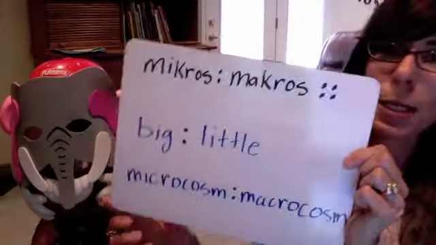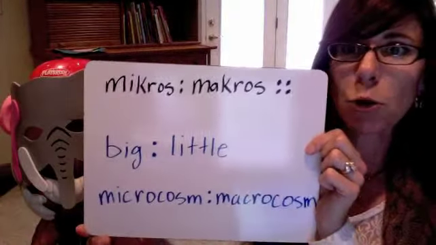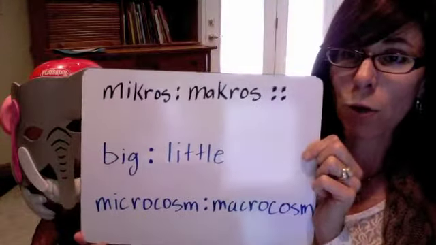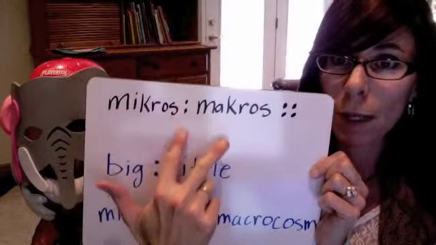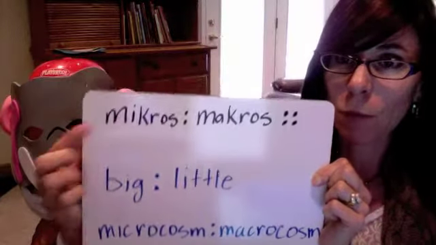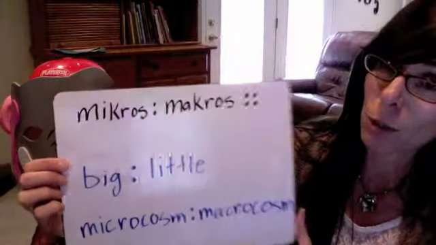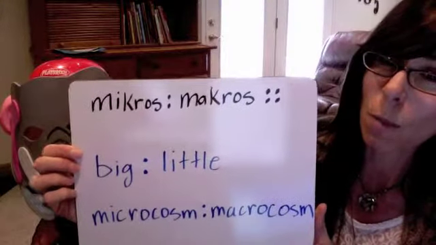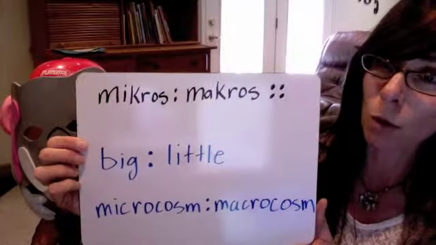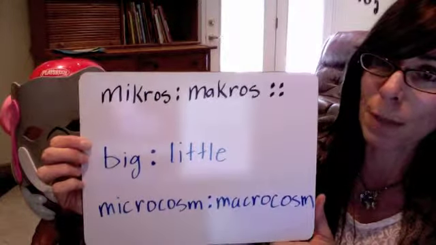Okay, so let's go ahead and look at an example together. And this is actually off of your review. So you're going to see micros is to macros. And do you remember I said first you find out what these two have in common before you figure out the second pairs and how they're related. So micros is to macros. Do you know what that means?